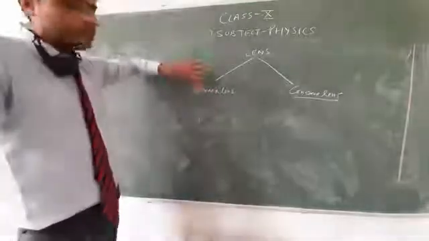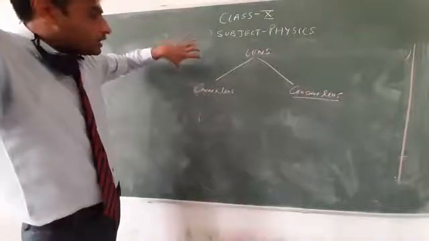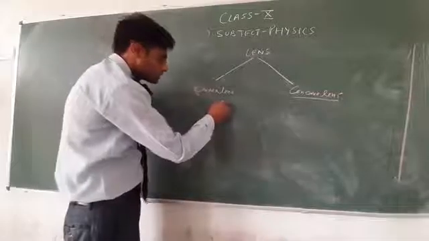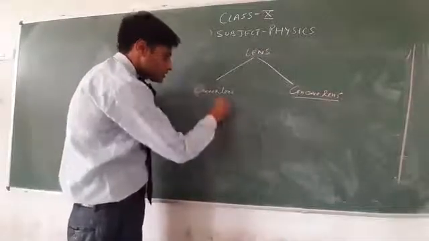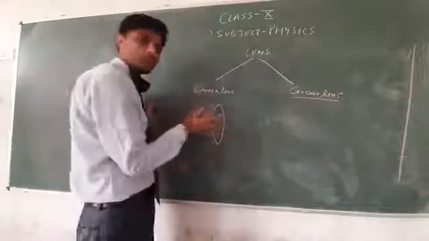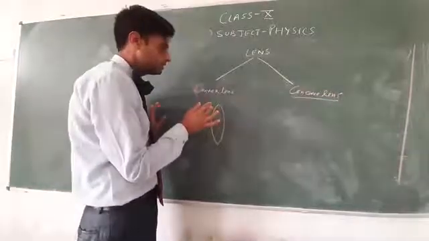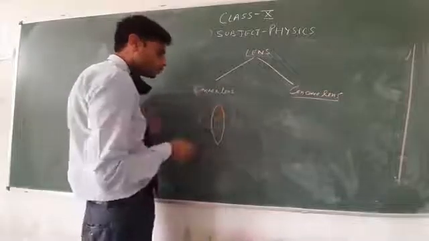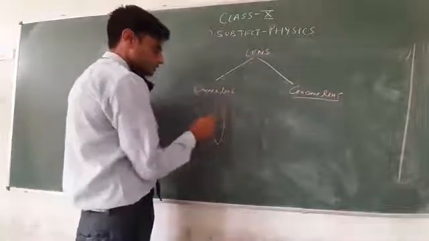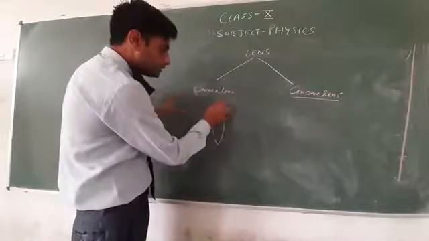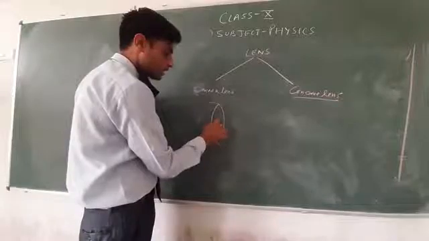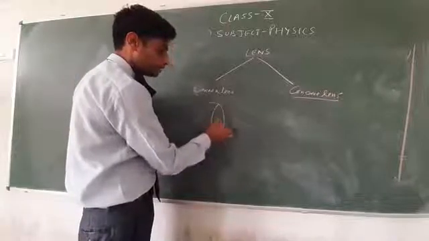A convex lens is a lens in which both sides are curved inward, and it is thinner at the corners and thicker at the middle.